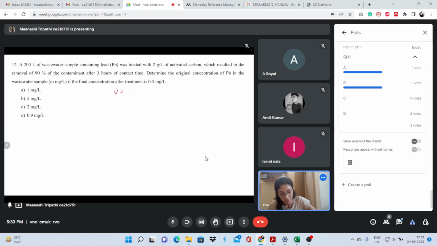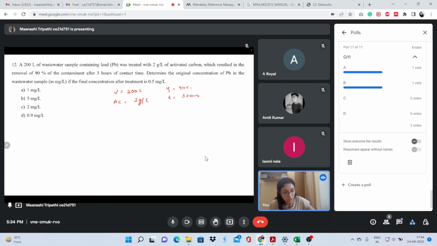Volume, 200 liters. Activated carbon, how much did we use? 2 grams per liter. Efficiency, 90%. Time, 3 hours.